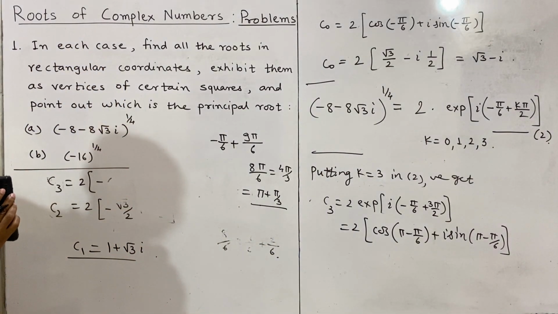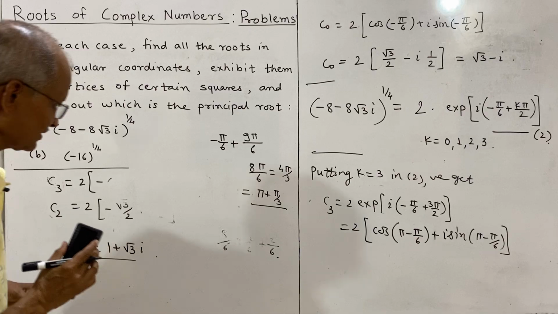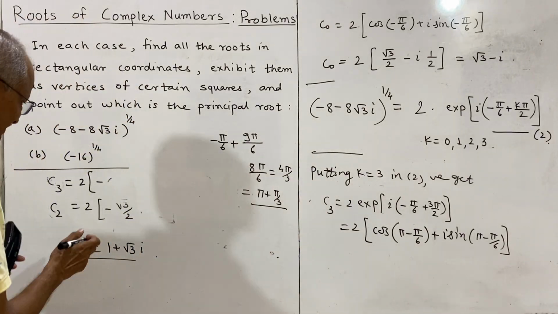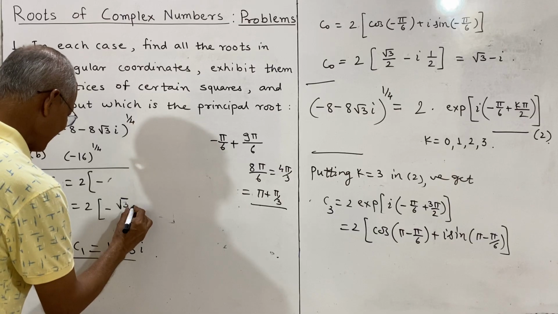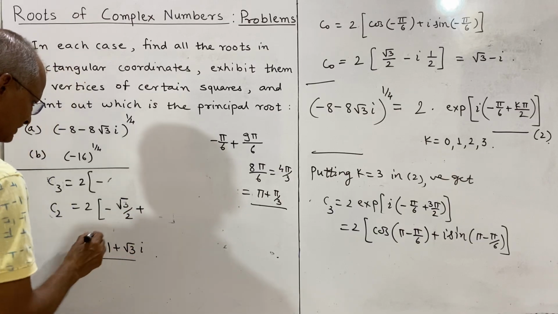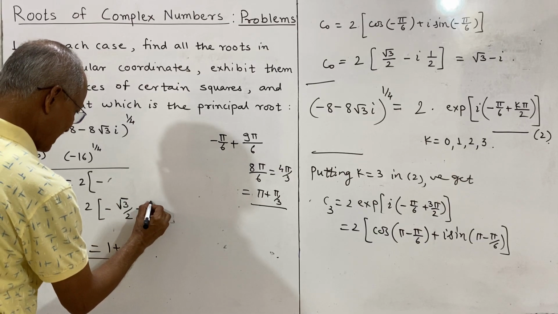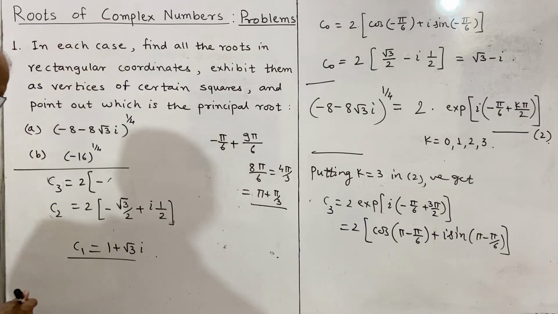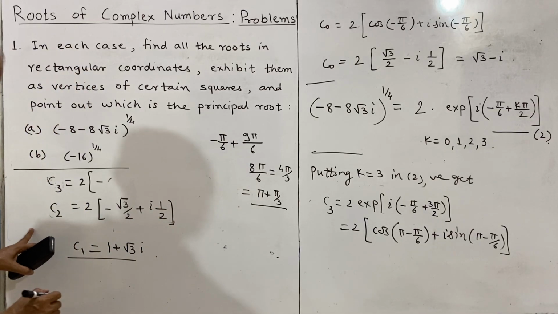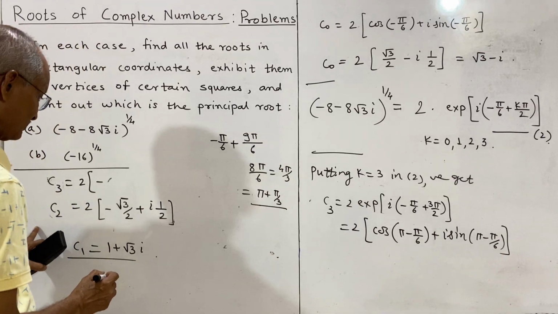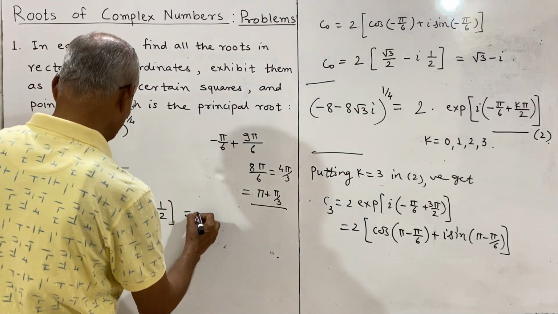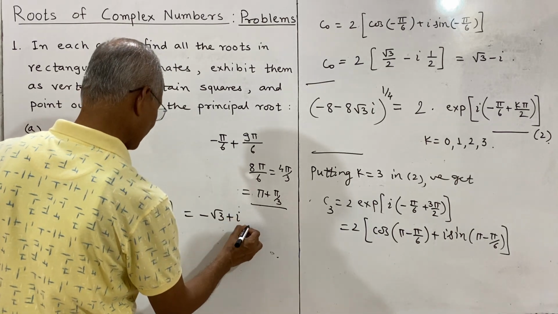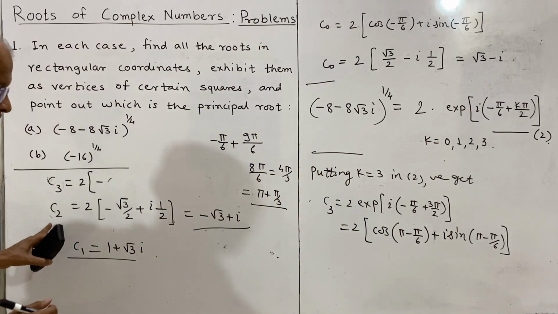So what we have to write is C2. What we have written is minus root 3 by 2 plus I into 1 by 2, and because we finally have to express these values, what I have written here is minus root 3 plus I. This is the value of C2.